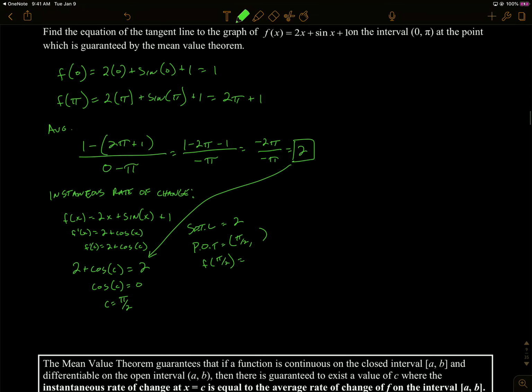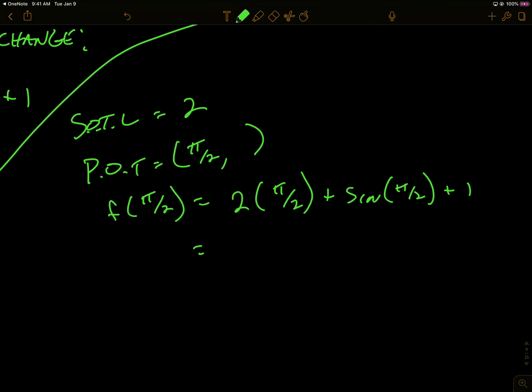So we've got 2 times pi over 2 plus sine of pi over 2 plus 1. So this is going to be equal to pi plus sine of pi over 2, which is 1, plus 1. So it's going to be equal to pi plus 2. So that's our point of tangency.